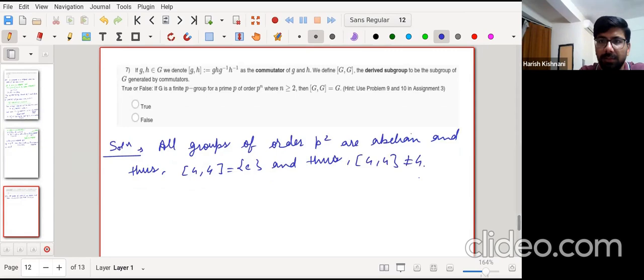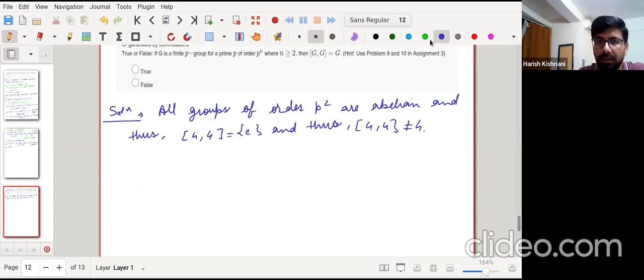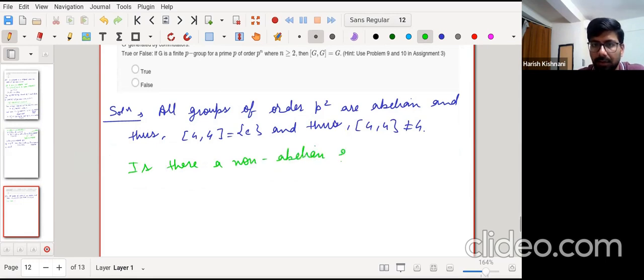So what if I add some more fun to it? Is there a non-abelian group which can be a counterexample?